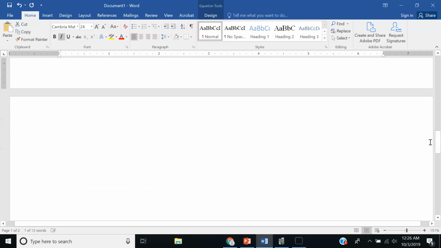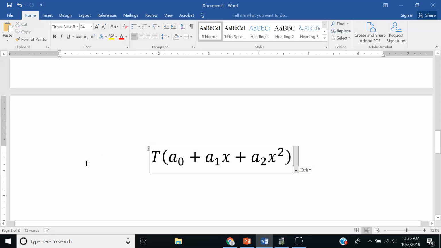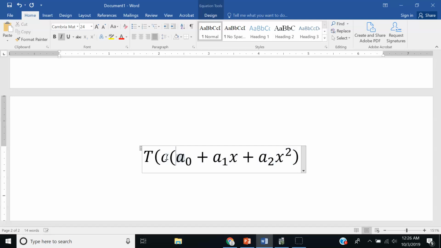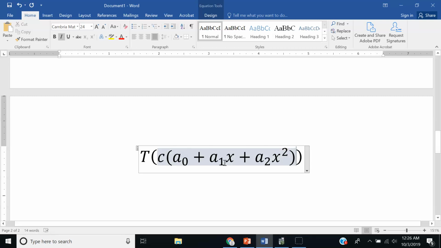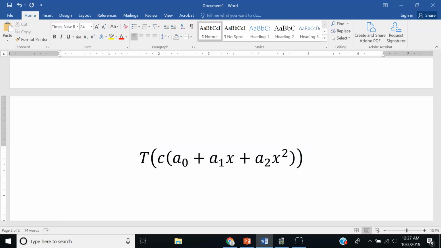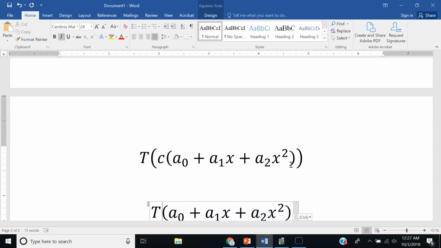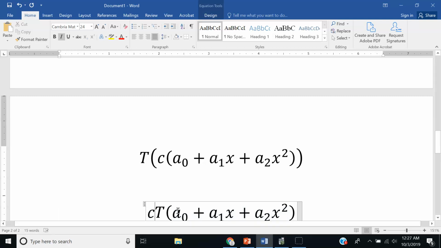I'm going to take T of the scalar multiple of an arbitrary vector, and then check if that's the same as if I hit the vector with T, transformed it, and then applied the scalar multiple.